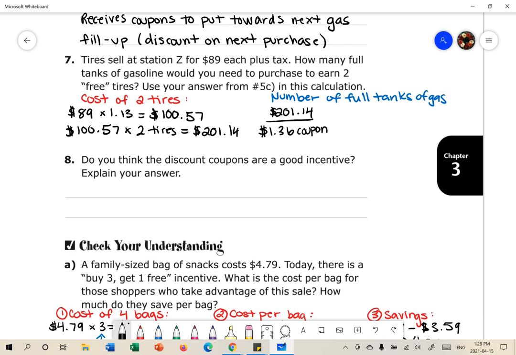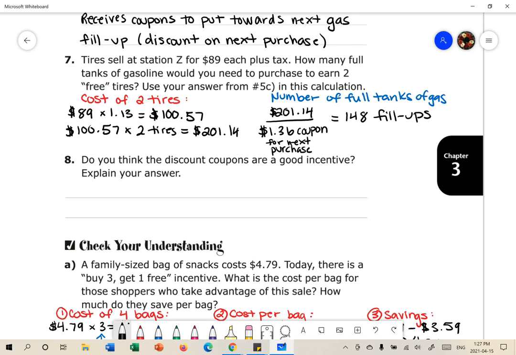We found that in the previous question that a full 55-liter tank of gas would give me a $1.36 coupon for my next purchase. So when you divide that, you get 148 approximately. So that 148 is the number of fill-ups you need to purchase at station Z in order to pay for your 2 free tires.